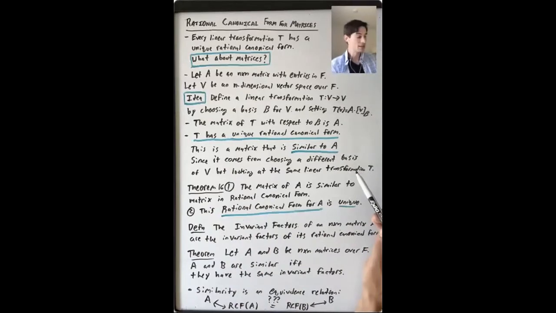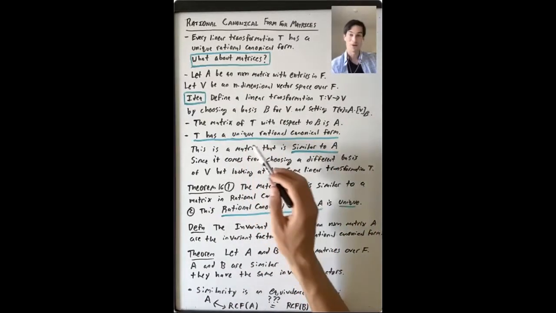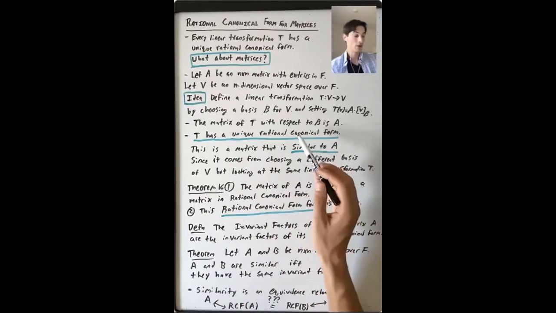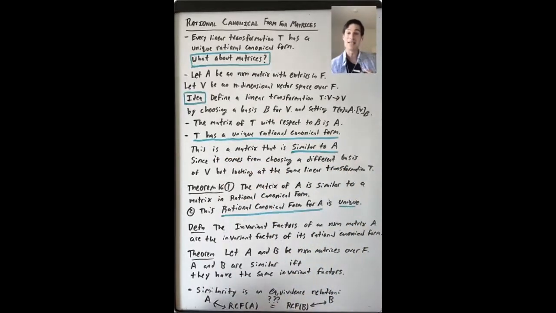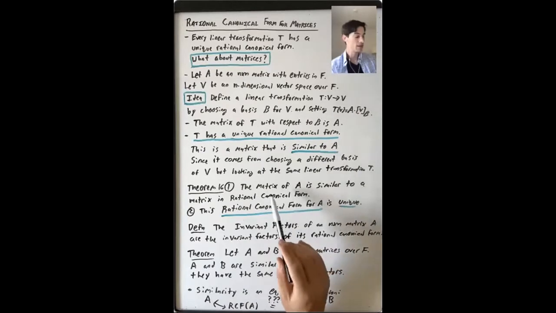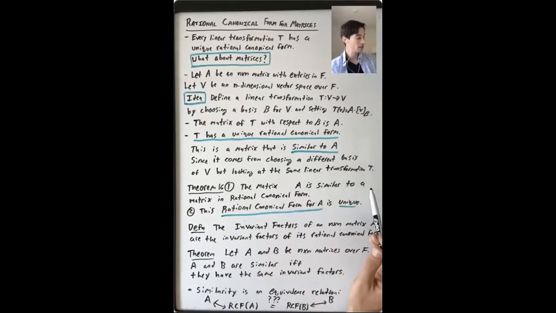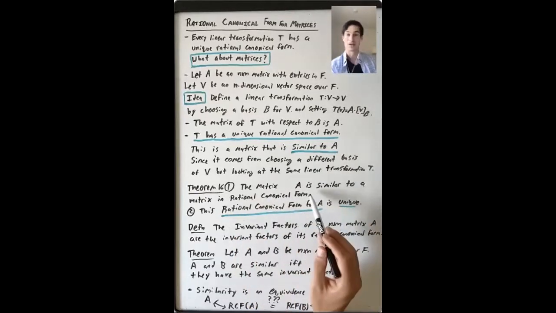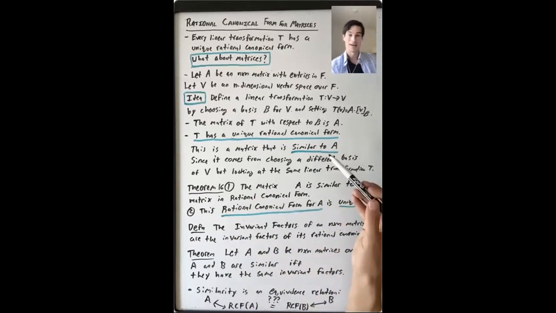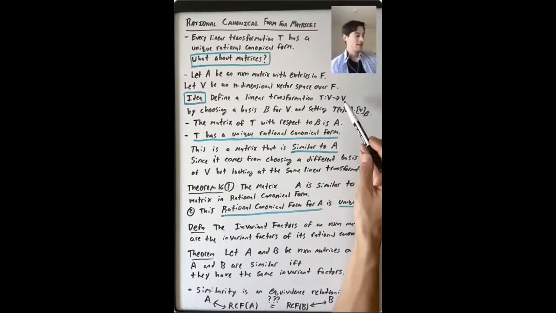In this way, the uniqueness of the rational canonical form for T gives us a uniqueness statement for matrices similar to A in rational canonical form. So the theorem is: the matrix A is similar to a matrix in rational canonical form. Which one? You build this linear transformation, and then you take the rational canonical form of that linear transformation.